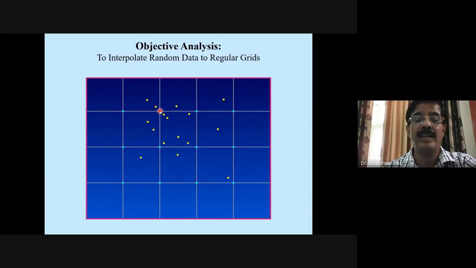Now it is up to us whether we consider a radius of a scan, denoted by D, which is encompassing all the observation points, or only a few of them, right? Generally, as I mentioned probably in the morning, the radius of a scan is generally taken, especially in Cressman's technique, twice the distance between the grid point and the observation, right?